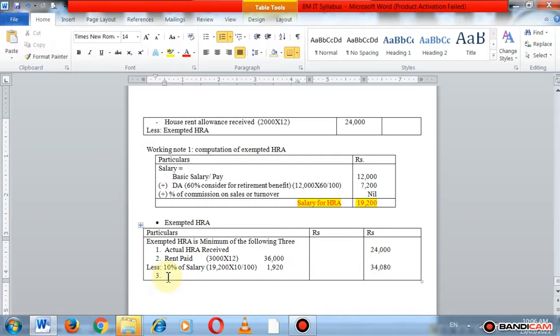Metro cities include 4 cities, that is Mumbai, Chennai, Kolkata and Delhi. So here we take into consideration 50% of salary.